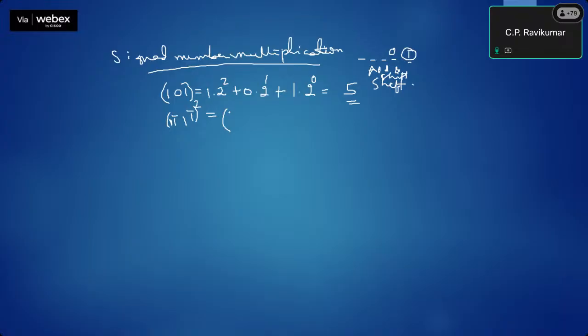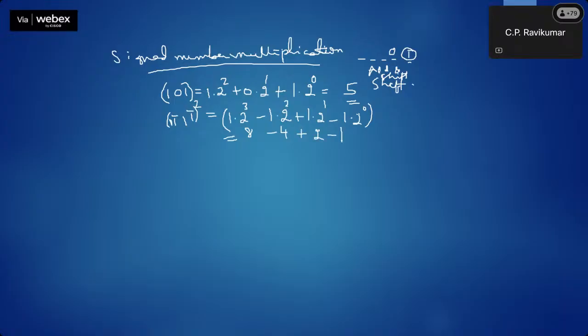So we could say 1 times 2 to the power 3 minus 1 times 2 to the power 2 plus 1 times 2 to the power 1 minus 1 times 2 to the power 0. So this is 8 minus 4 plus 2 minus 1.